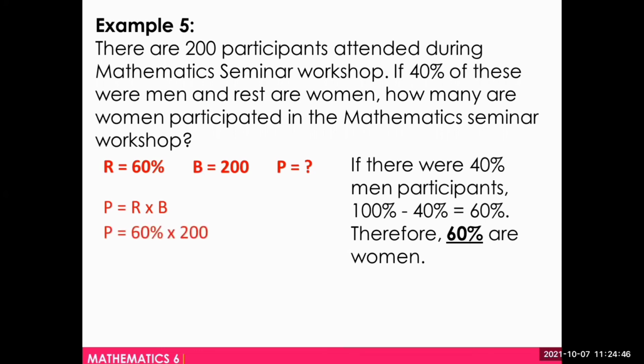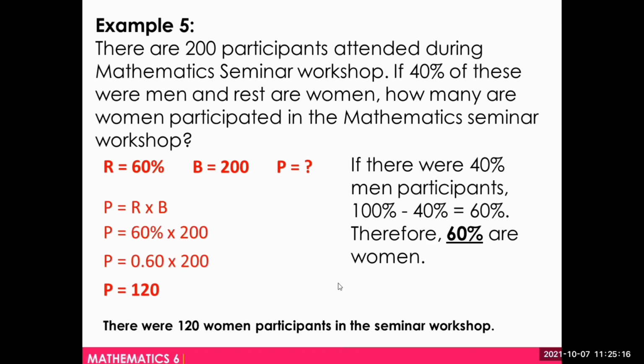So P is equal to, substitute the value, 60% times 200. I-change natin ang 60% to decimal. So 60 divided by 100 is equal to 0.60. Pwede rin 0.6. So 0.60 times 200 is equal to 120. And that is our answer. There were 120 women participants in the seminar workshop.